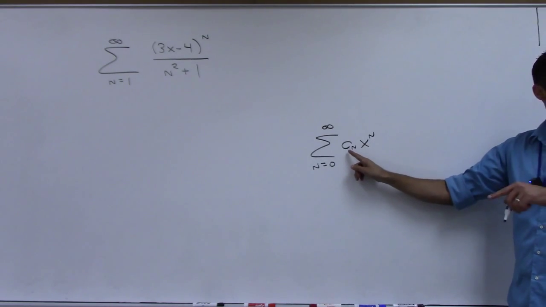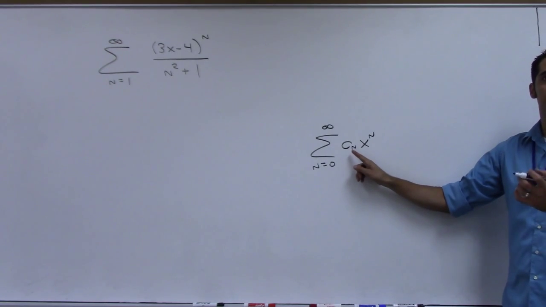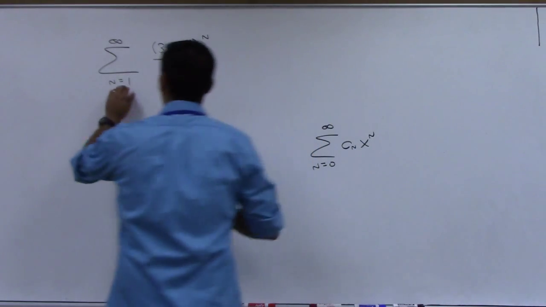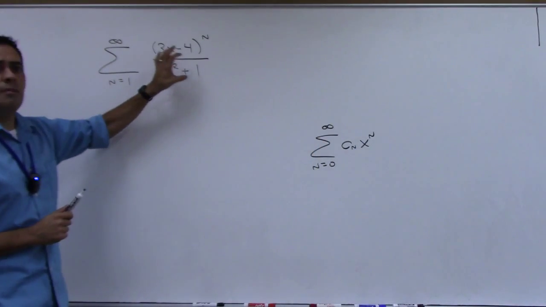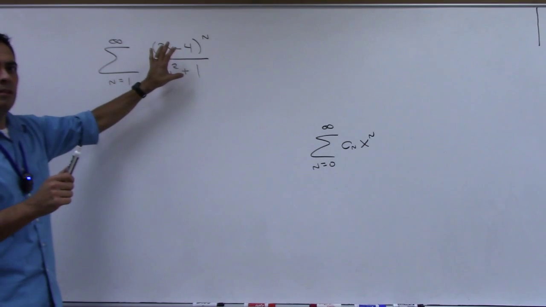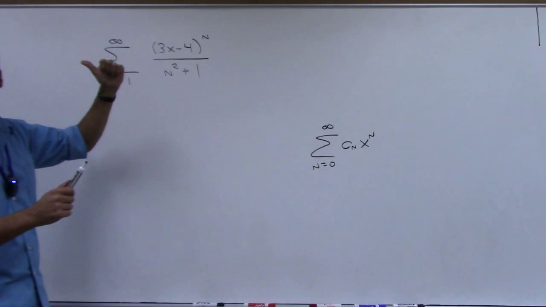And so you get c sub 0, which is just a number. So the first term of a power series should be a constant. This one right here, if I plug in 1, the first term is not a constant. But there is a constant in front of it. What is it? Plus what in front of it?